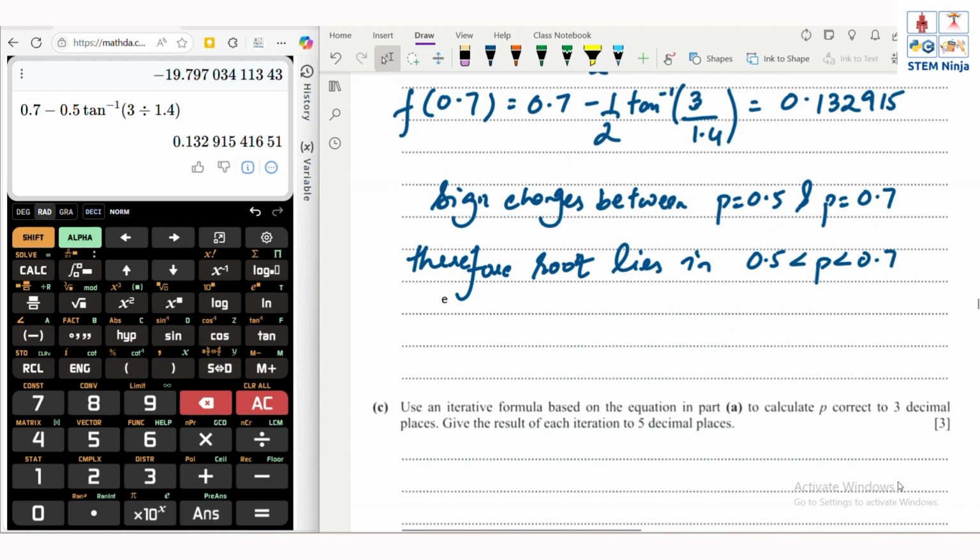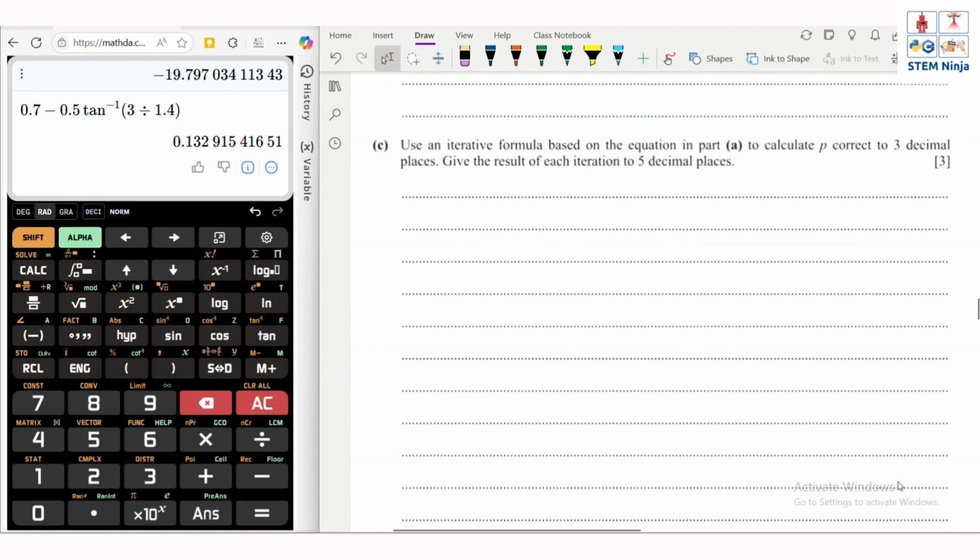Now, use an iterative formula based on the equation in part A to calculate p correct to 3 decimal places. Give the result of each iteration to 5 decimal places. Okay, so we have the iterative formula p n plus 1 equals half tan inverse of 3 by 2p n.